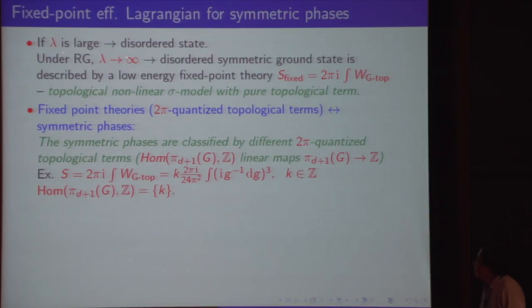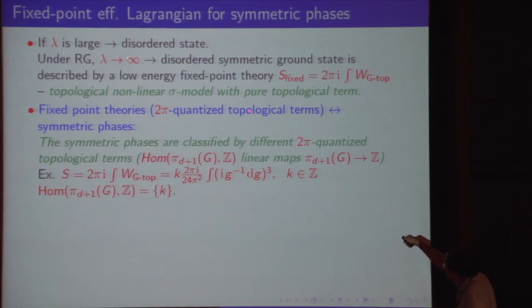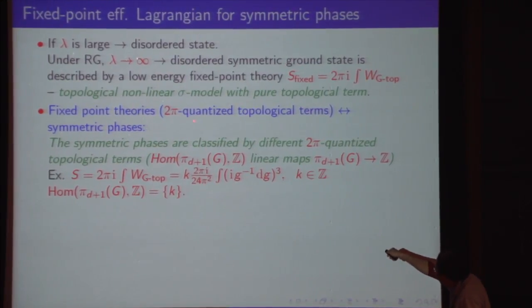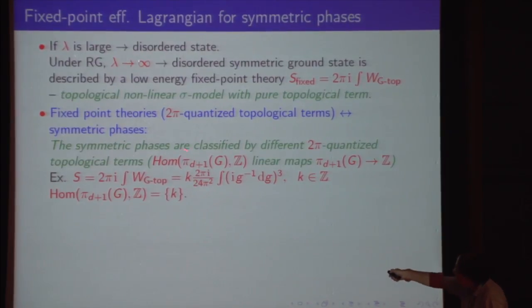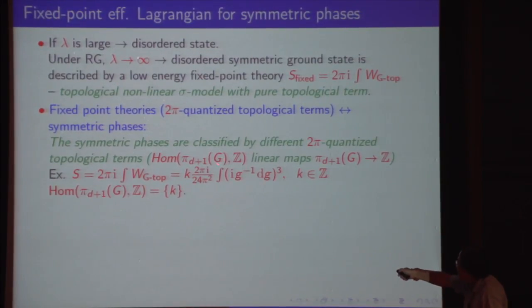And then what do you mean by different 2-pi quantized topological term? Then we have this funny notation. This Hom is a set. Each element of this Hom corresponds to a quantized topological term. So this mathematical symbol classifies different 2-pi quantized topological terms.